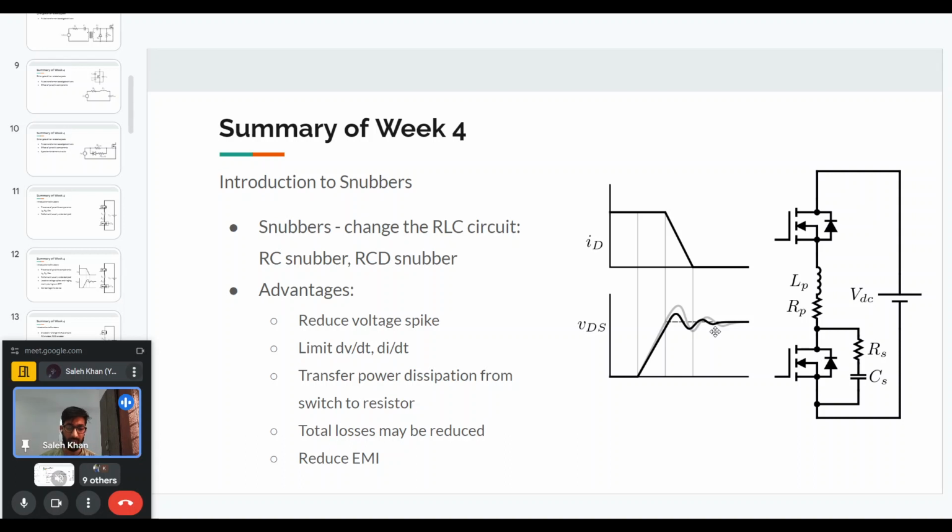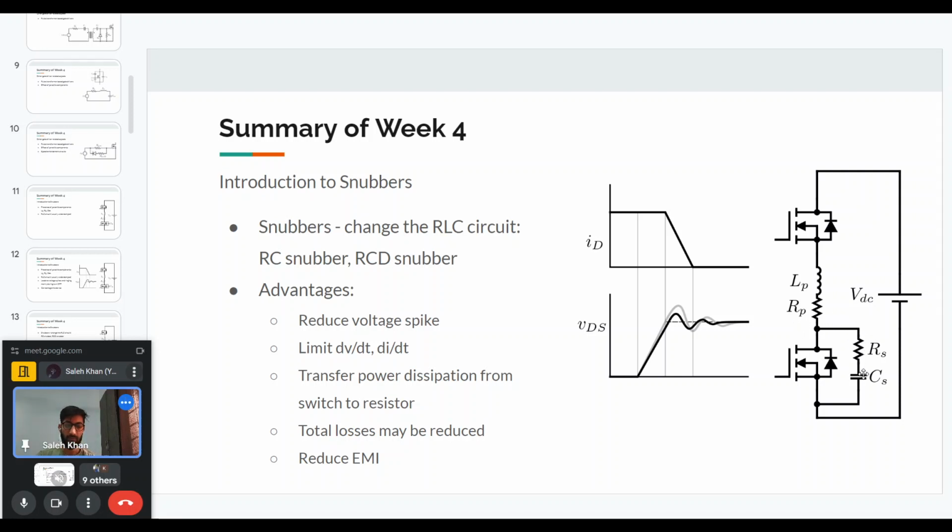So what are the advantages or uses of these snubbers? We can reduce the voltage spike, we can limit the dv/dt or di/dt as well, and also we can transfer the power dissipation from the switch to the resistor. Because there is another path now, some of the switching current will go through this path. So some of the switching loss that took place in the device can now happen in the resistor.